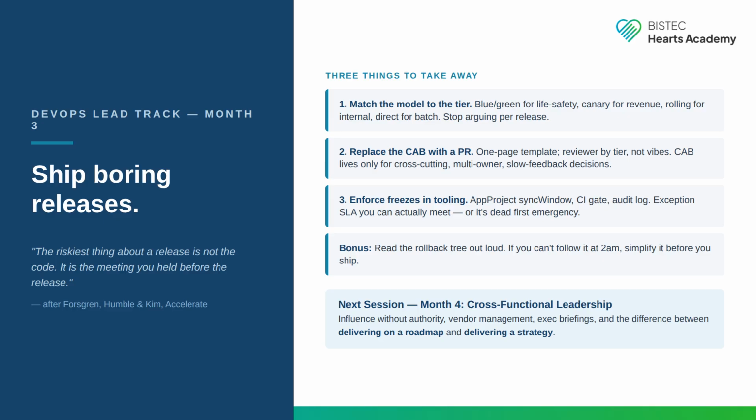Releases per week went from 1.2 to 11, a 9 times increase. CAB hours per month dropped from 3 hours to 15 minutes, down 92%.